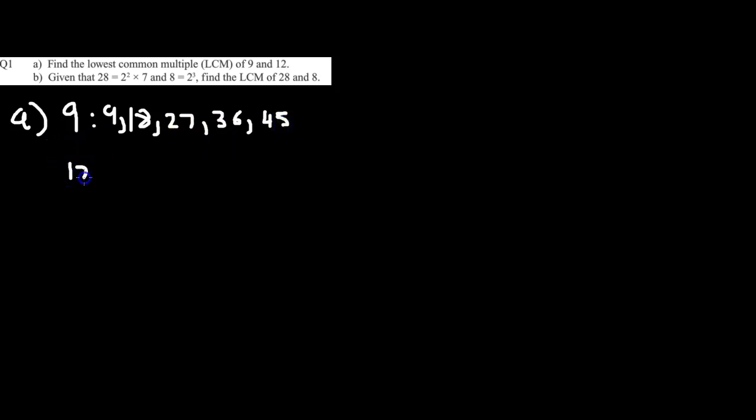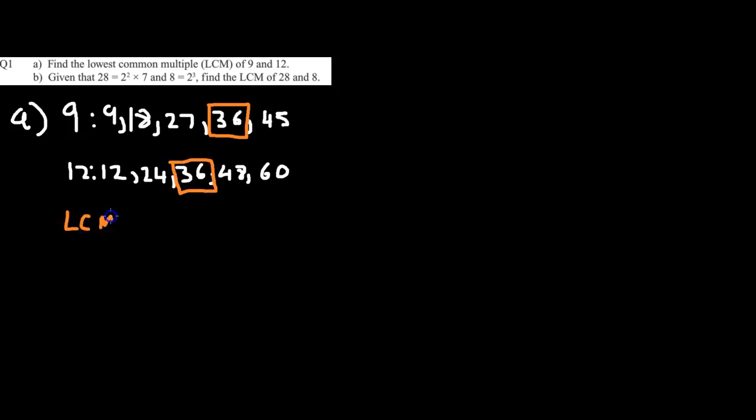Let's just go to 12. 12 times 1, 12 times 2, 12 times 3, 12 times 4, 12 times 5. So we can see that the lowest number that is common in both of these is 36. Therefore, the LCM is 36.